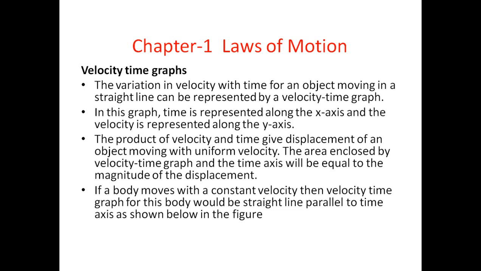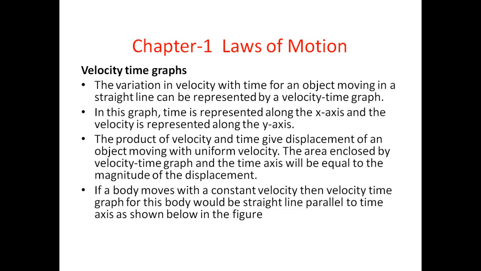The product of velocity and time gives the displacement of an object moving with uniform velocity. The area enclosed by the velocity time graph and the time axis is equal to the magnitude of the displacement. What does this mean?